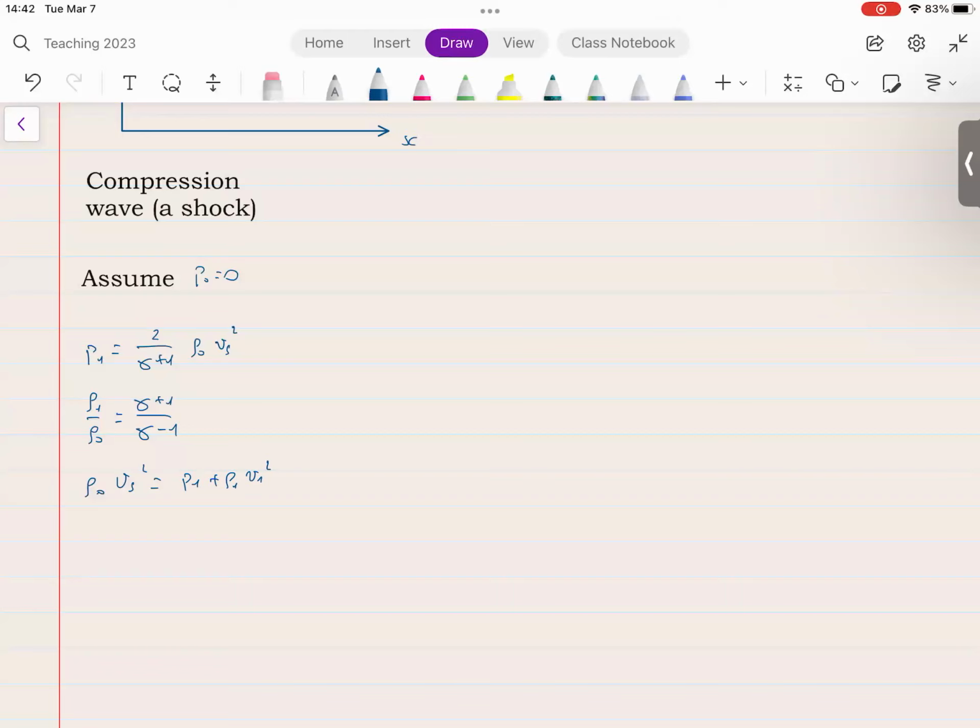And I'm using that subscript S not to indicate just the shock, but to indicate the solid target. Okay, so that's what the S stands for.